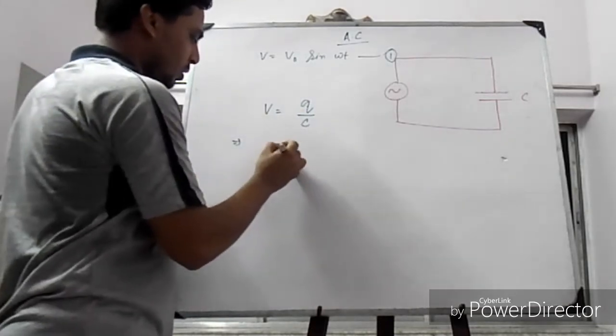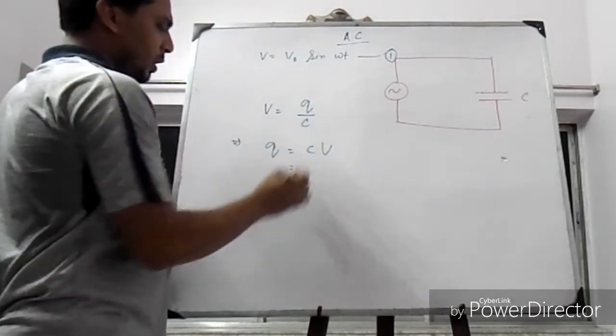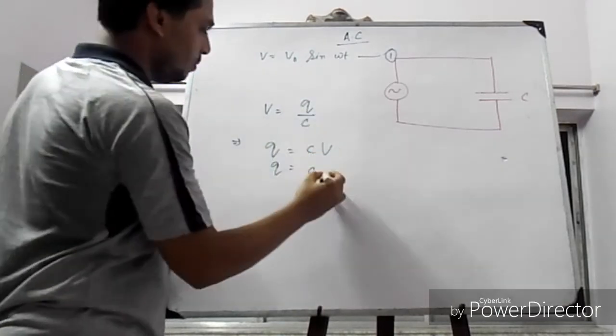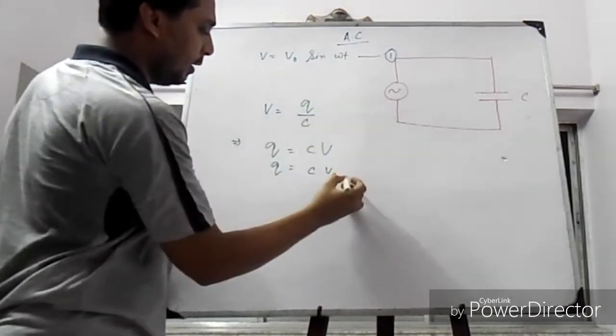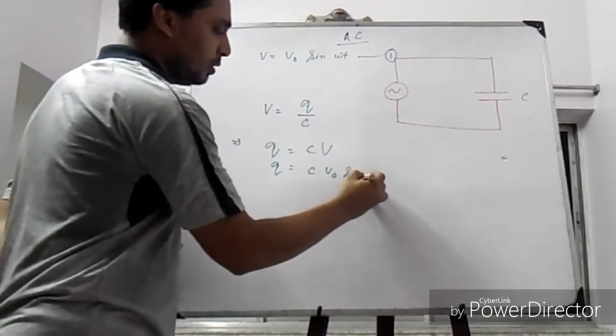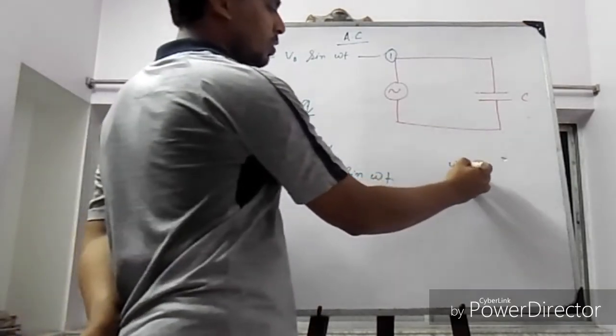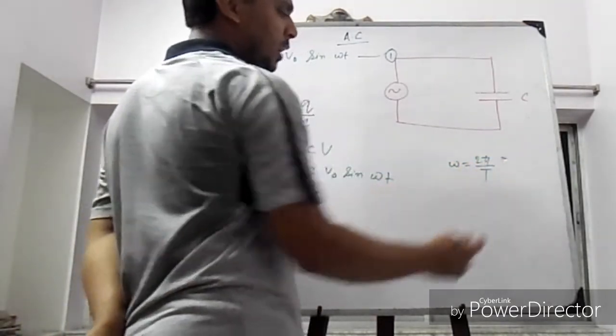So from this equation, Q equal to CV. Again, V equal to V0 sine omega t, where omega is the angular frequency, omega equal to 2 pi by T, T the time period.